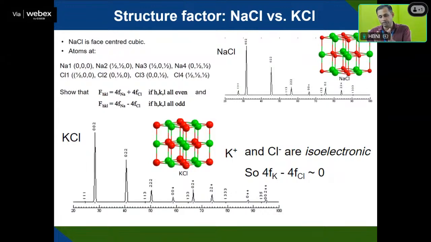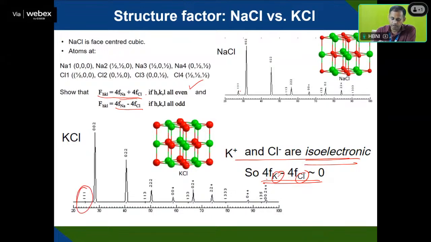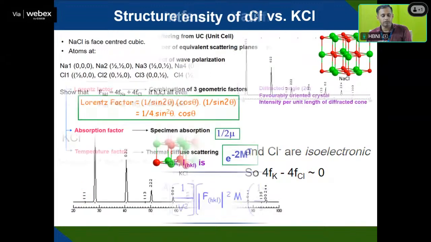We can see this in terms of the scattering factor F_hkl. For all even indices in NaCl it is 4f_Na plus 4f_Cl, but for odd it is 4f_Na minus 4f_Cl. In KCl, being isoelectronic, the structure factor is 4f_K minus 4f_Cl; the potassium and chlorine contributions cancel each other, giving almost zero. Because of the isoelectronic atoms and the zero structure factor, this plane is almost absent, and you can see the 1,1,1 plane here. That can be explained by the structure factor.